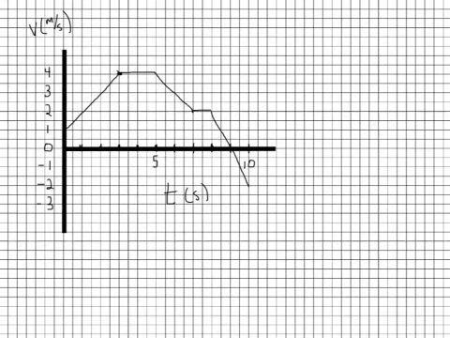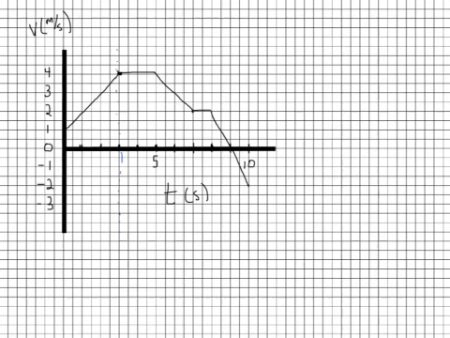So now we're going to analyze the motion of the object represented here in this velocity versus time graph. Just like with the position versus time graph, the first thing I like to do is go ahead and kind of split that up into sections. And so the first interval I really seem to care about here is from 0 up to 3 seconds, because at that point my line changes.